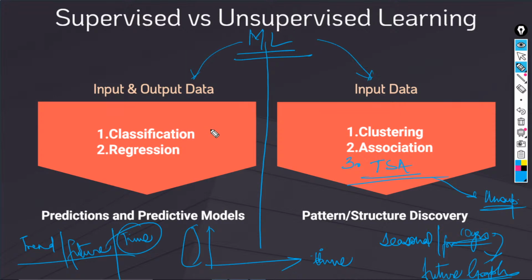And within supervised we have two more branches, classification and regression, wherein regression is to find out the relationship between A and B, while classification is to come up with the difference between A and B. And then when we talk about clustering, clustering is to identify patterns, while association is to come up with better suggestions, or better product recommendations.